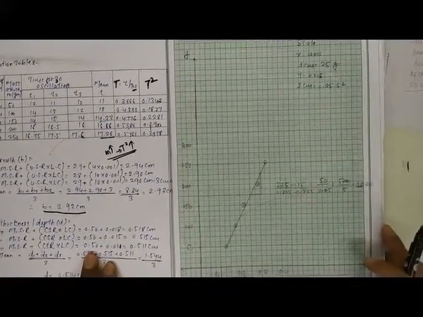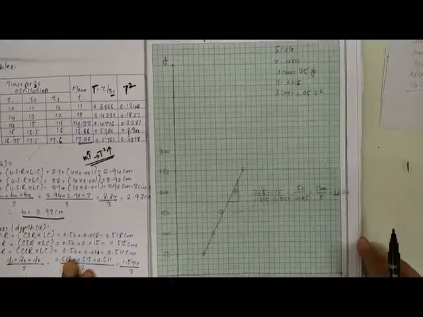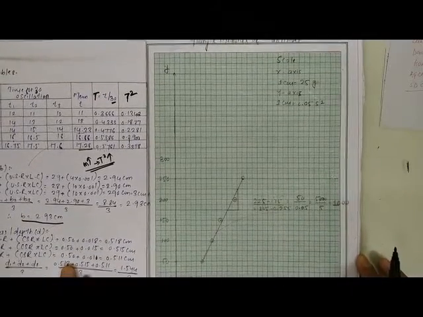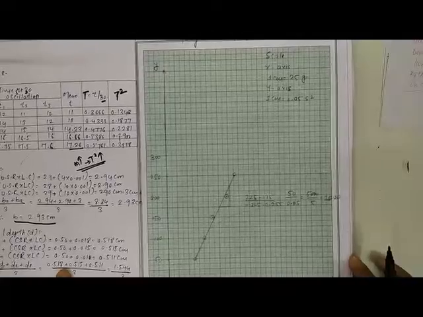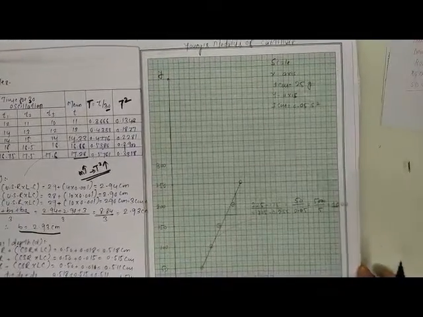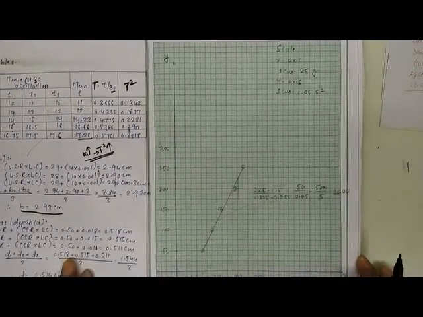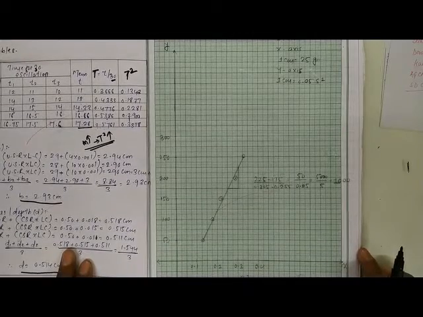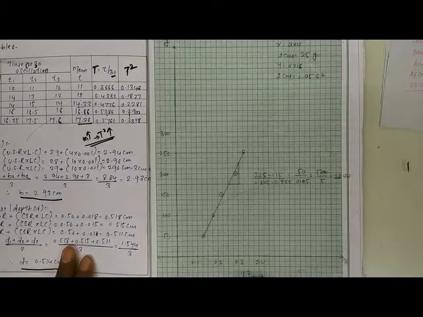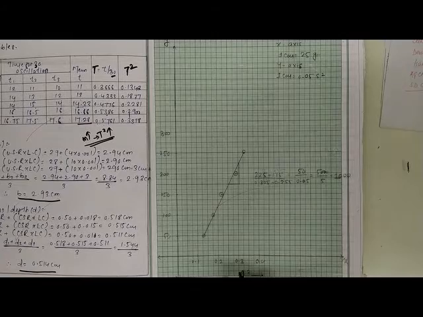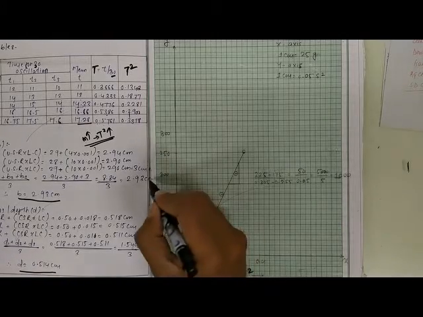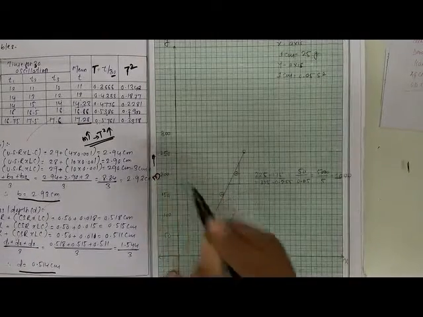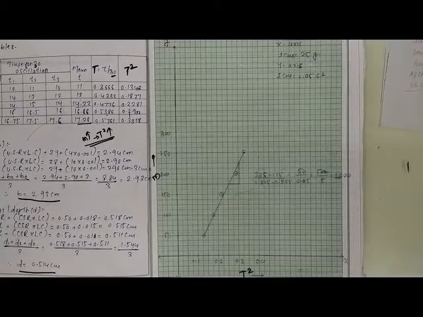On the x axis we plotted T square, and m, that is mass, on the y axis, right?